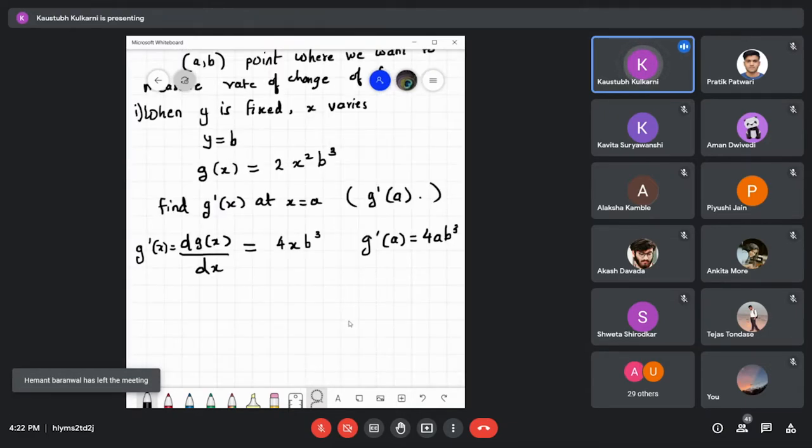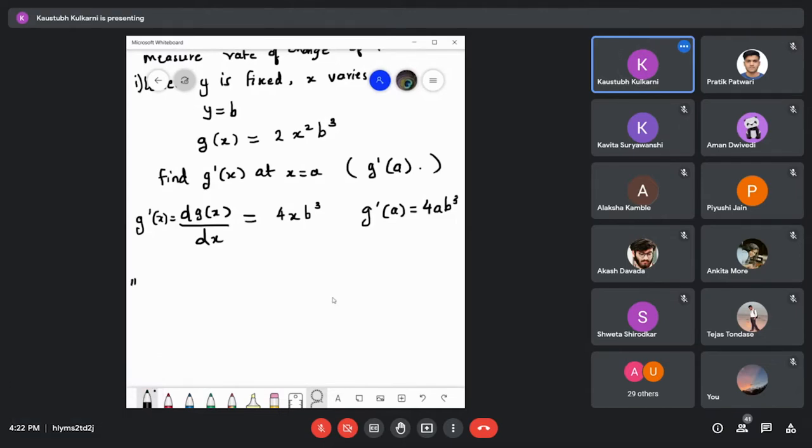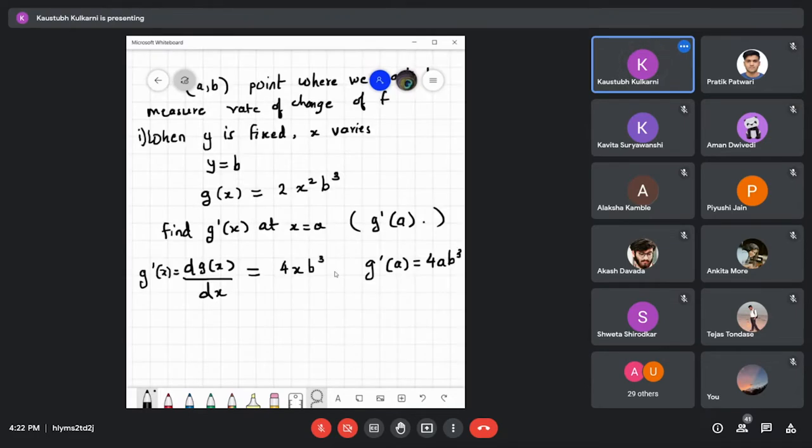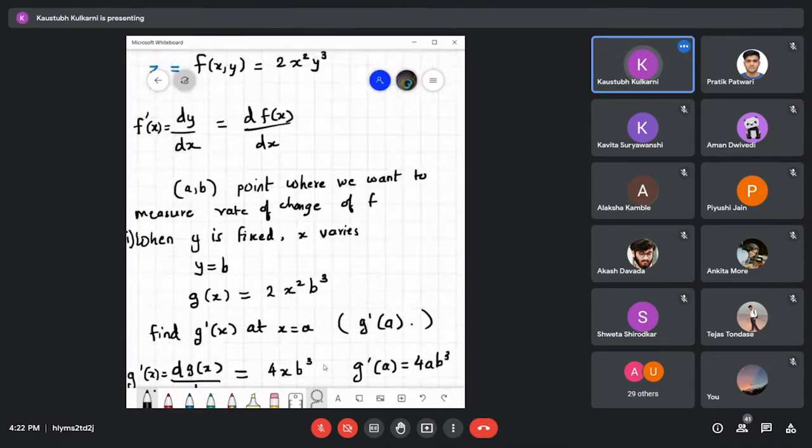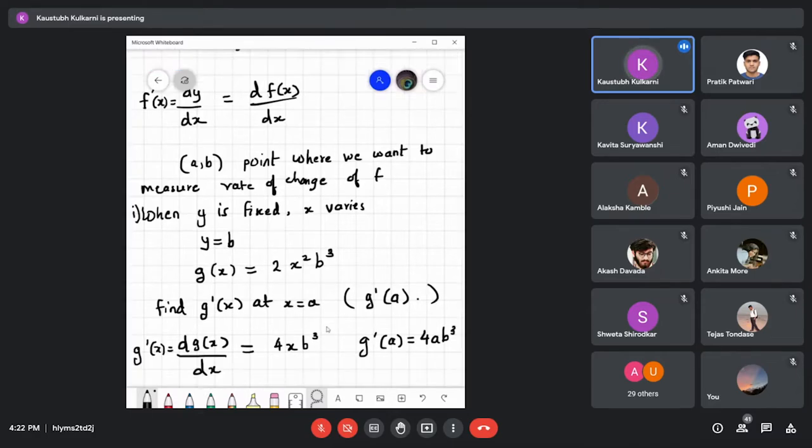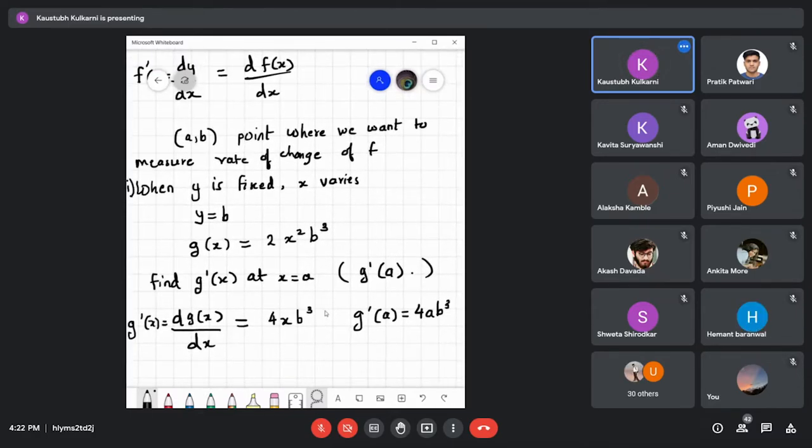Now let's consider the other case. The main point is, this is called the partial derivative of the function f with respect to x at the point ab.